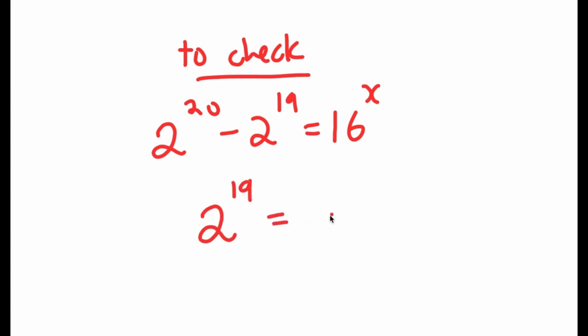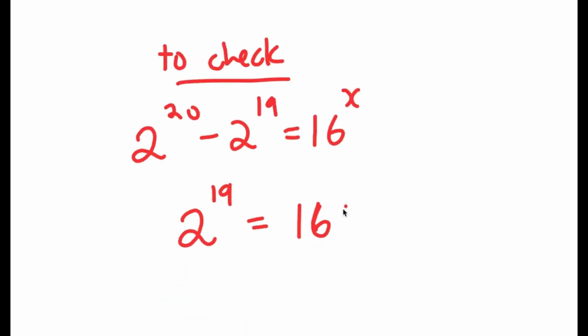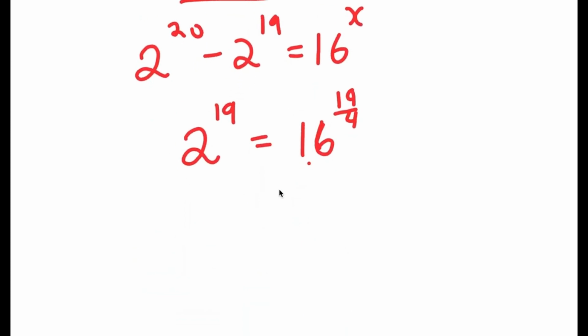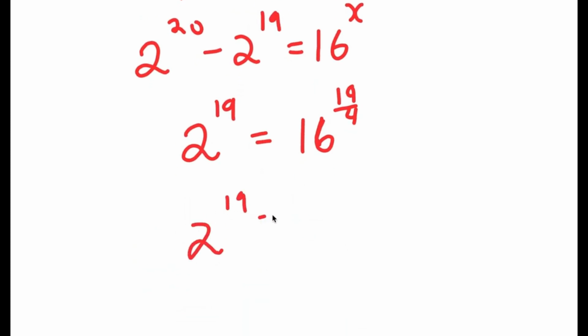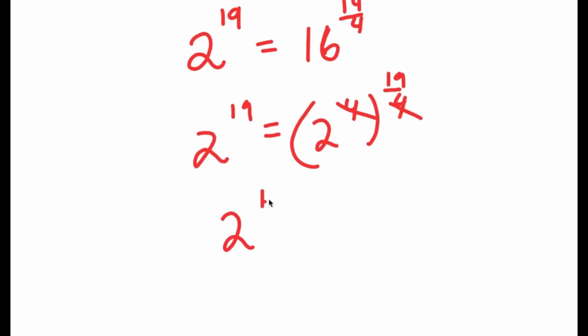So we get 2 to the power of 19 is equal to 16 to the power of 19 over 4. Now 16, that's the same thing as 2 to the power of 4, so now I have 2 to the power of 4 to the power of 19 over 4, and these two 4's cancel out, so I get 2 to the power of 19 is equal to 2 to the power of 19.